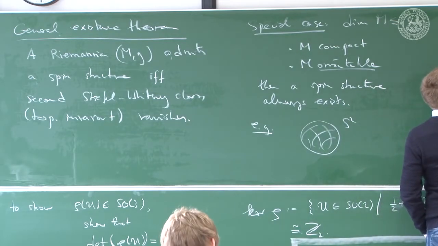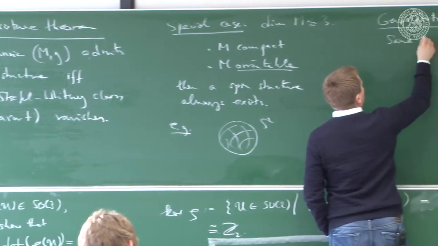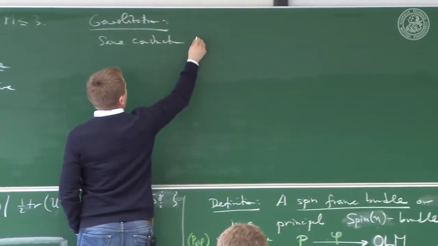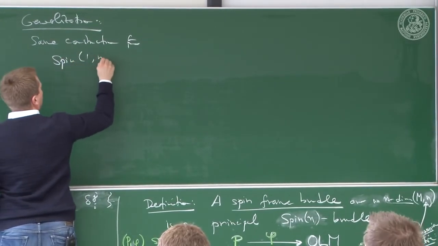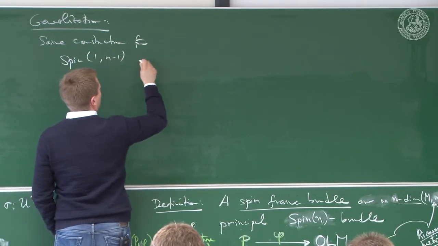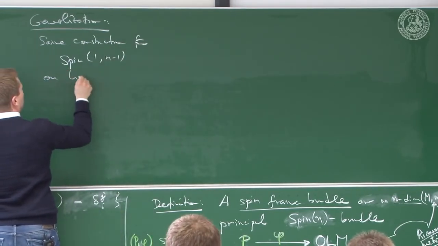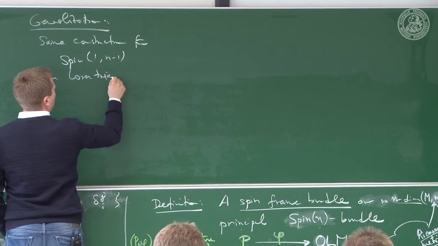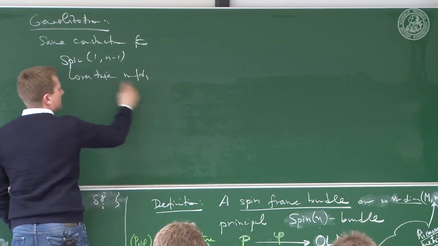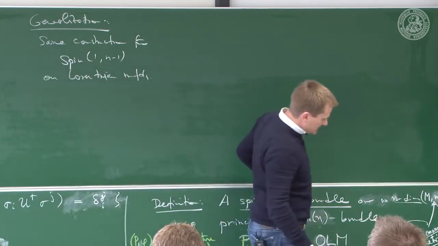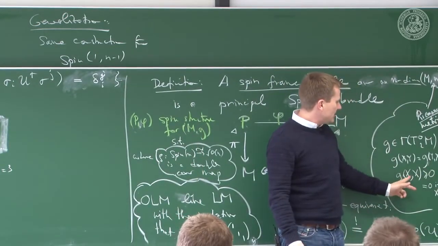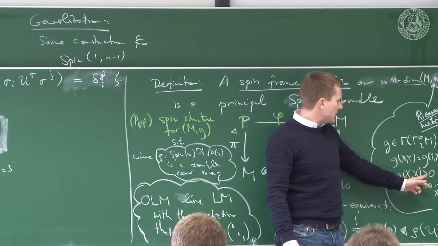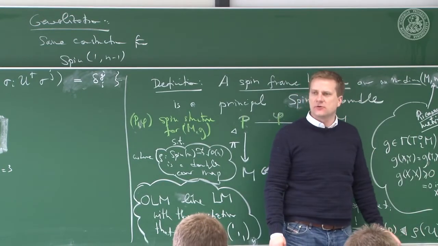A generalization is the same construction for spin(1, n-1) on Lorentzian manifolds. And a Lorentzian manifold is like a Riemannian one, but this positivity definition is weakened to saying: if for all x, g(x,y) is 0, then already y is 0.